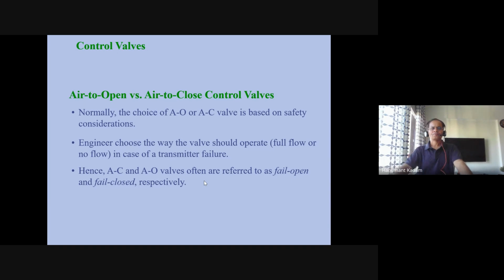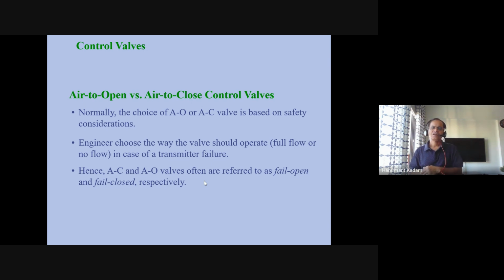Normally, the choice of air to open or air to close is based on safety considerations, your process safety interlocks. The engineer chooses the way the valve should operate, full flow or no flow, in case the measurement transmitter fails. What should be the condition of that line, whether full flow or no flow?